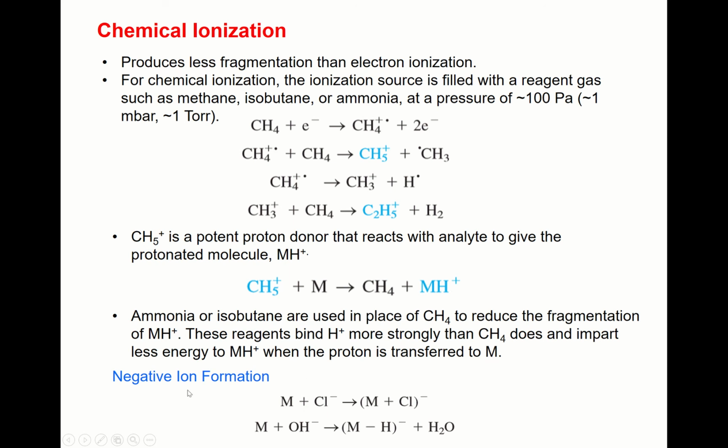But still, a negative ion can be formed. If the molecule collides with chloride, it forms this anion, a negatively charged ion, or the molecule reacts with hydroxide ion and this one is formed.